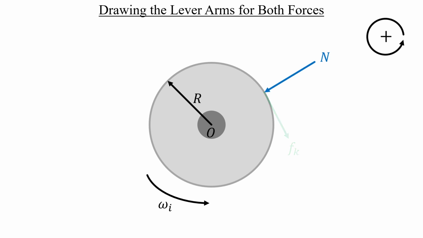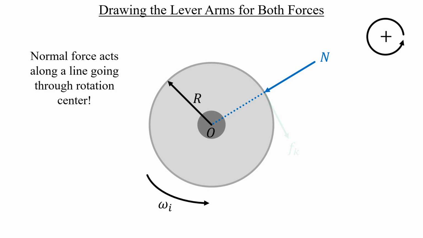Let's look at the other force next. Like before, we want to first focus on the line that the force acts along. Sometimes you'll hear this referred to as the line of action. This one will definitely go through the center of the grindstone, as you can see from this dotted blue line, which represents the line of action for our normal force.